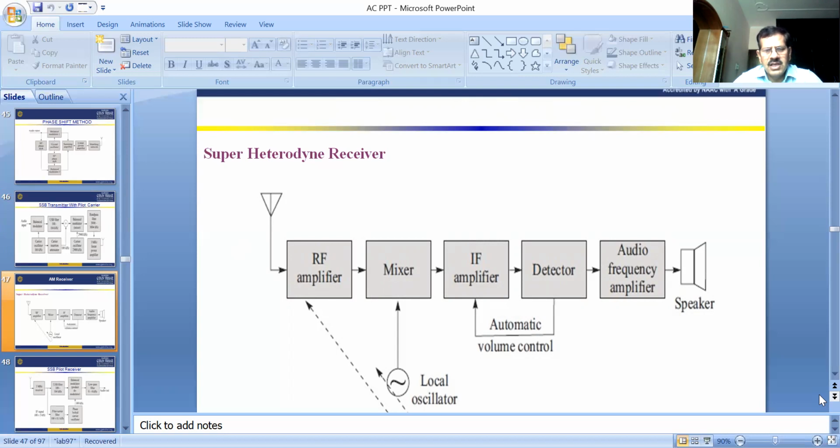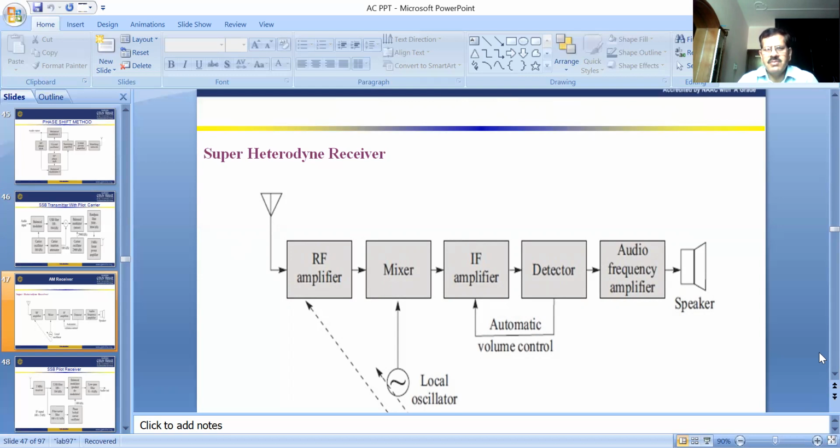In the mixer there is one RF signal, and another signal is the carrier frequency signal, which is generated by the local oscillator and is a high frequency signal. After mixing these two signals in the mixing network, the output signal is applied to the IF amplifier, or intermediate frequency amplifier.